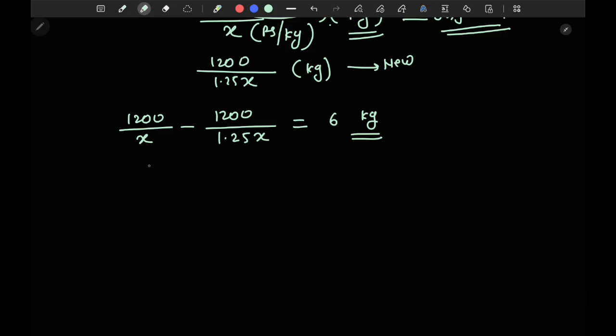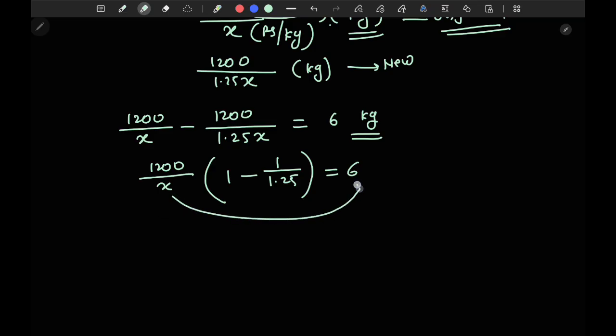So what I'll do, I'll take 1200 divided by x as common, in bracket, so it will remain 1 minus 1 divided by 1.25 equals 6.